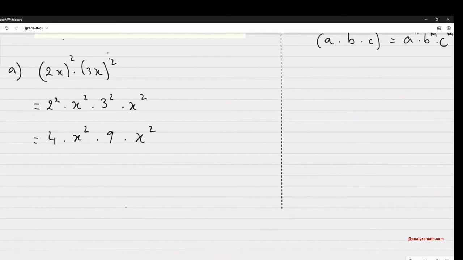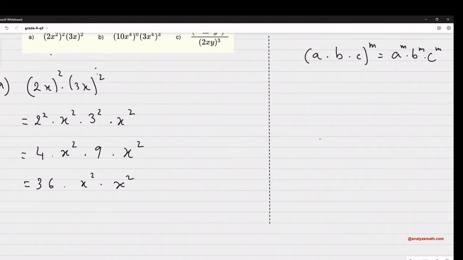So I multiply the coefficients. 4 times 9, 36. I multiply x^2 multiplied by x^2. Now here we need another rule which says that x to the power m multiplied by x to the power n equals... So these are two exponents to the same base x.